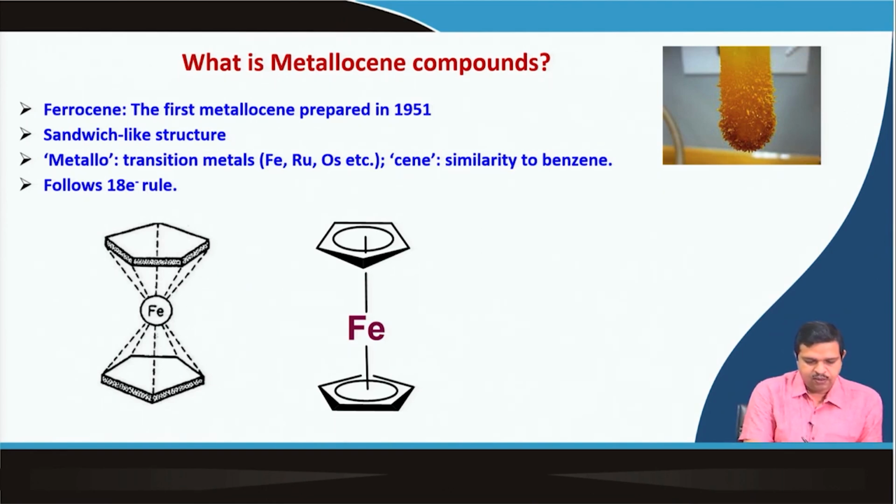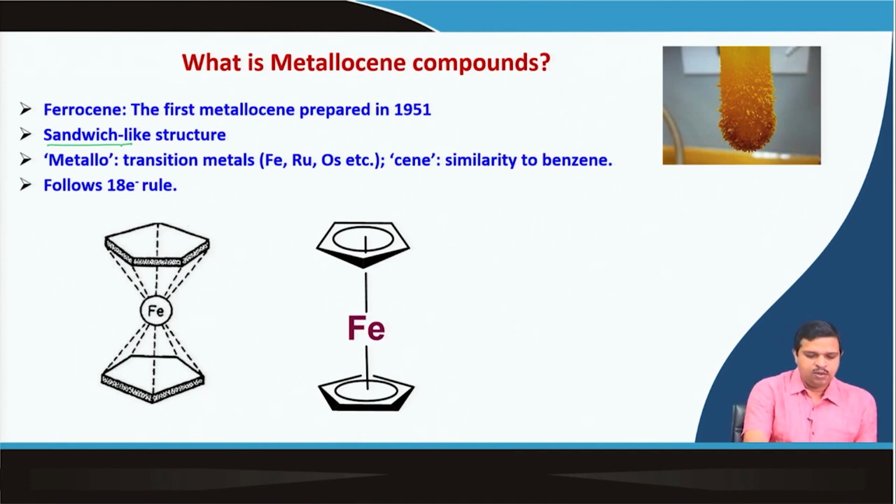again it is like a, as I explained, just like a sandwich type of structure. So, if you see, these are two bread slices and iron is imagined as a stuffing. So, you will get the sandwich, that is why it is called sandwich type of complexes, sandwich like structure. And why is the name metallocene?